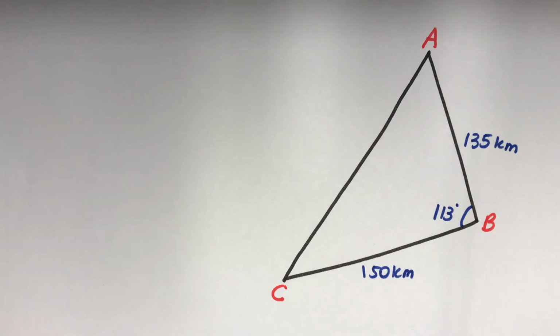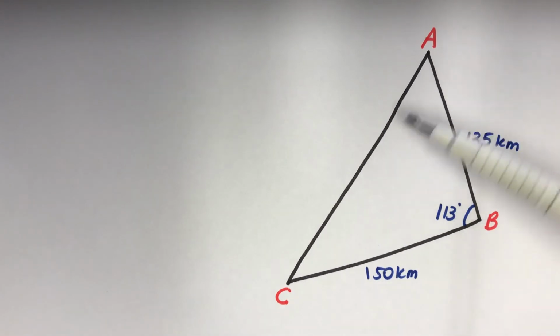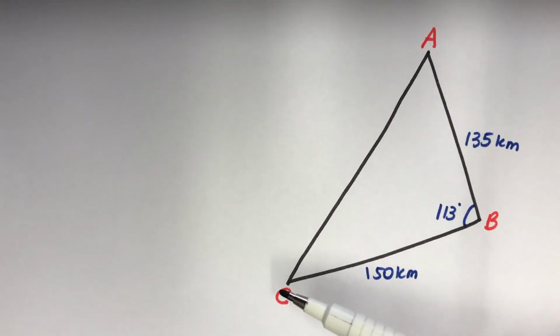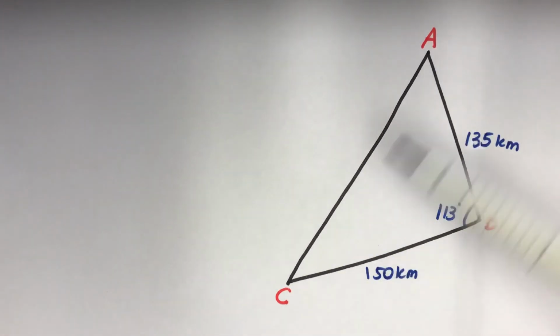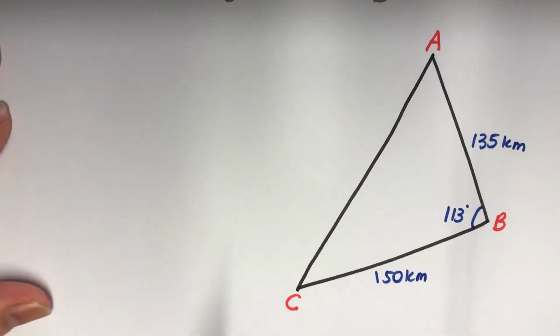So what the question is asking us is, instead of going from A to B and B to C, what if we go from A to C directly? How many kilometers can we save? So let's have a look at that.